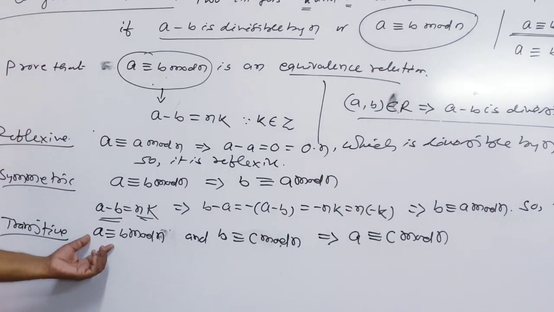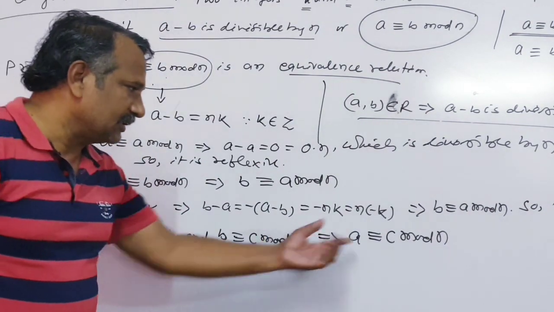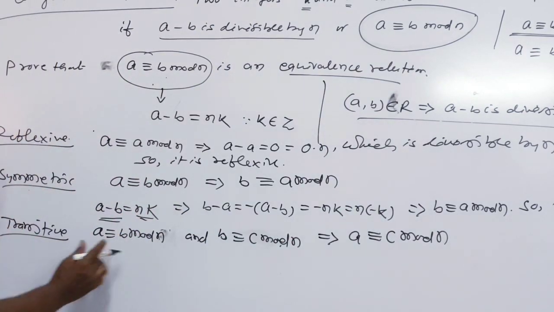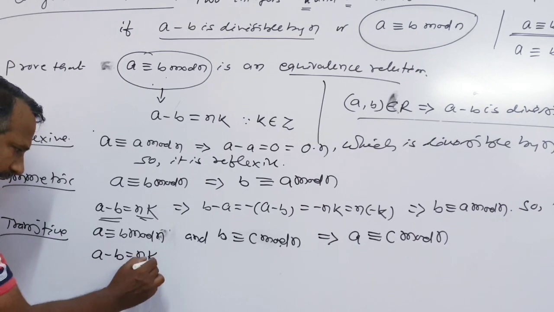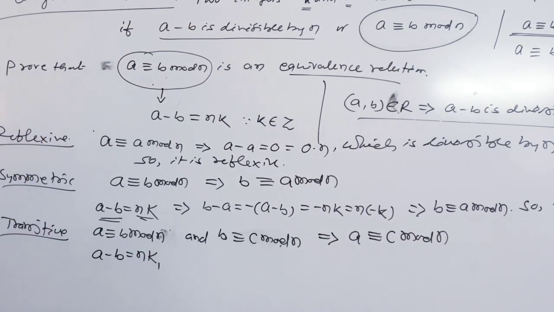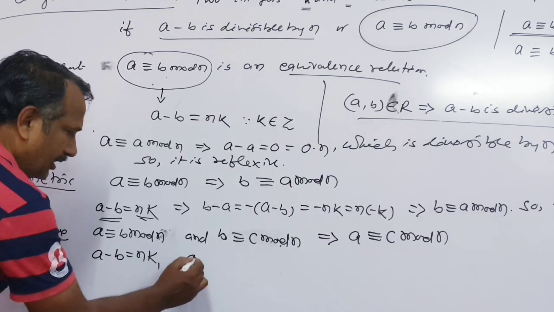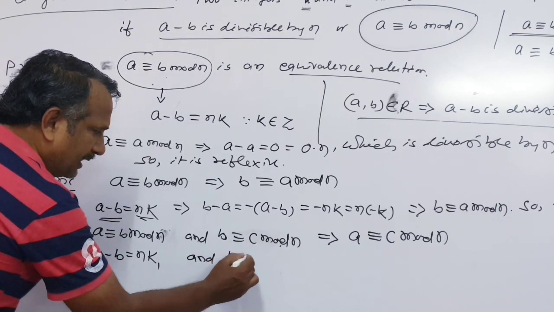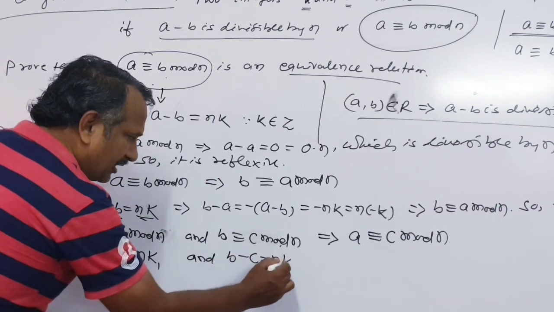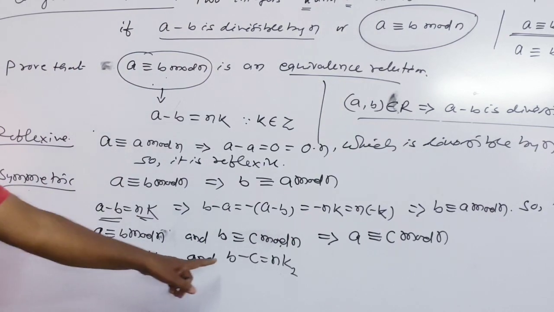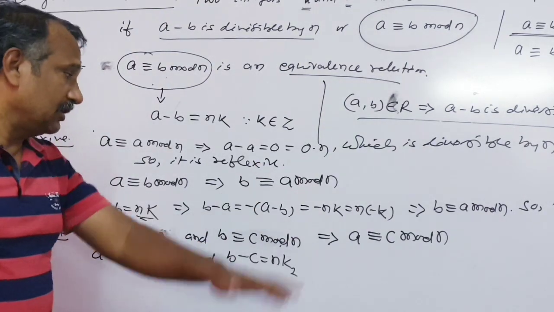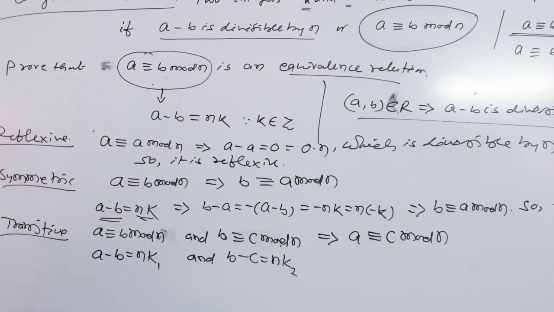What is the meaning of this? a minus b equals nk1, and b minus c equals nk2, not the same number, because a, b and b, c are different integers.